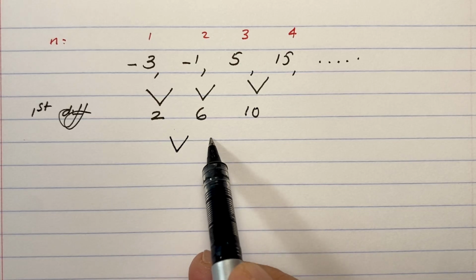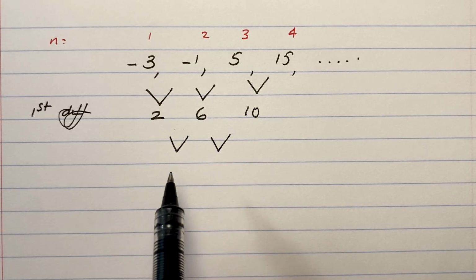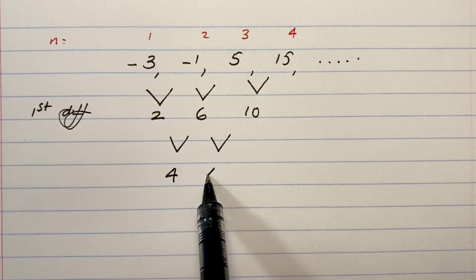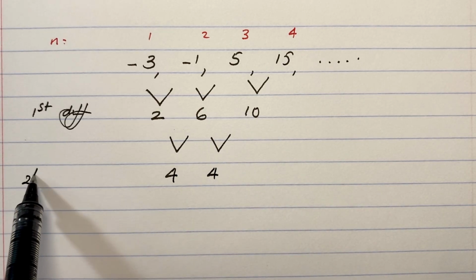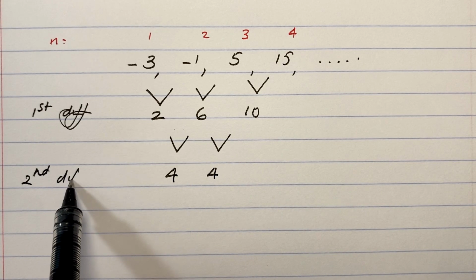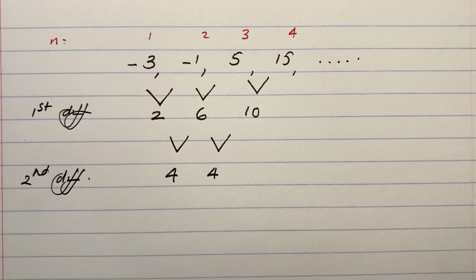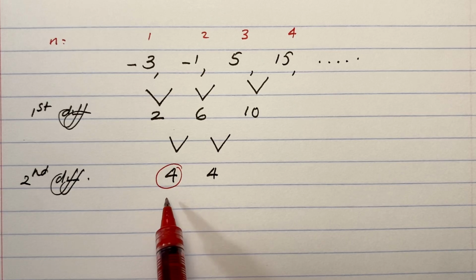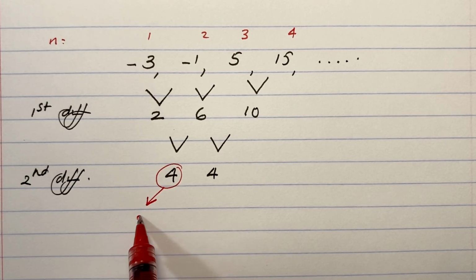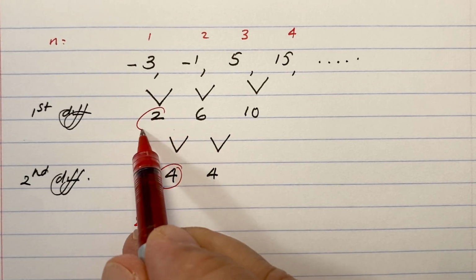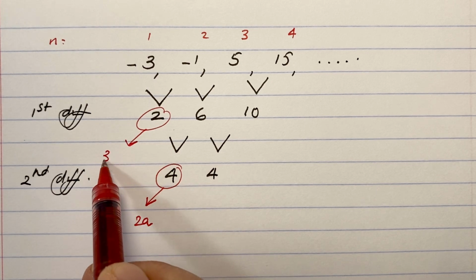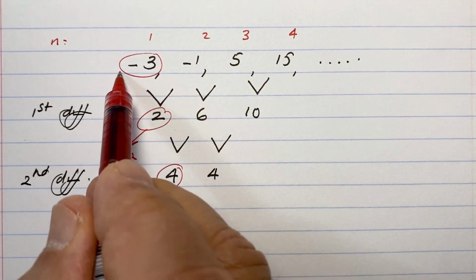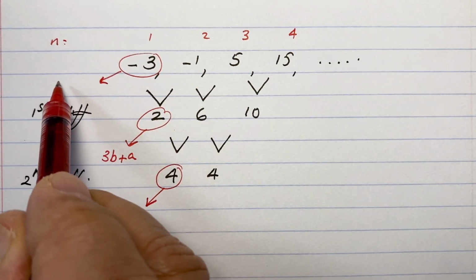Finding the second difference, 6 take away 2, 10 take away 6. That's the second difference. If you remember, this is 2a, this is 3a plus b, and this number is a plus b plus c.